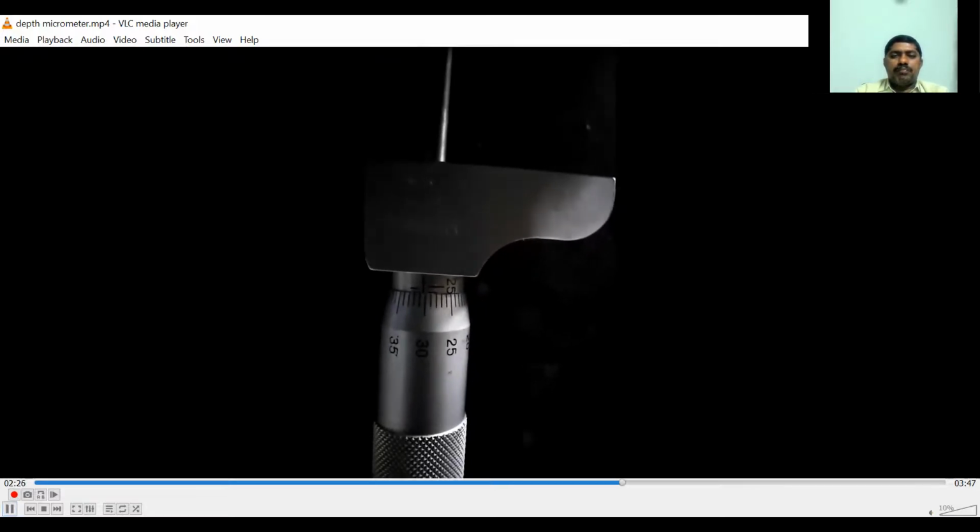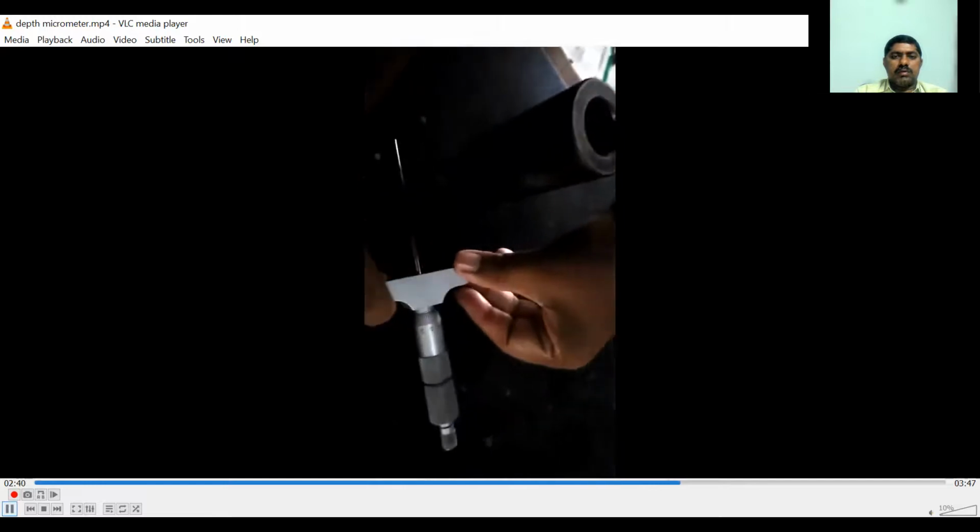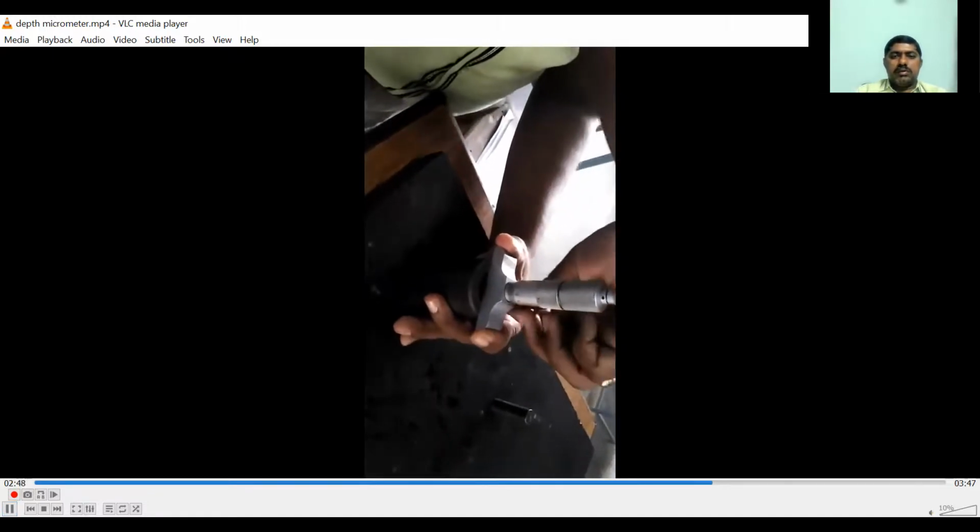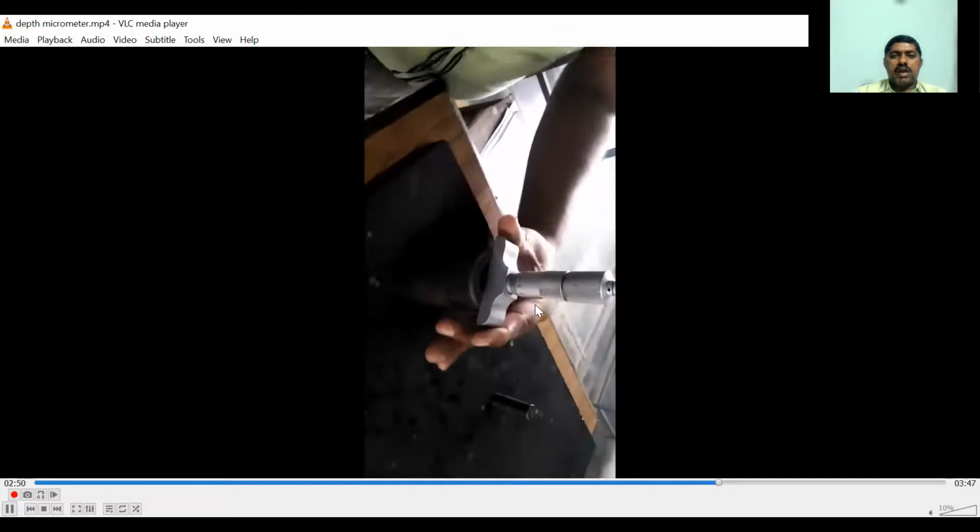Similarly, again we will take the reading, keeping the measuring rod in the cylinder. Here there is a locking nut, we have to lock it for taking the readings.